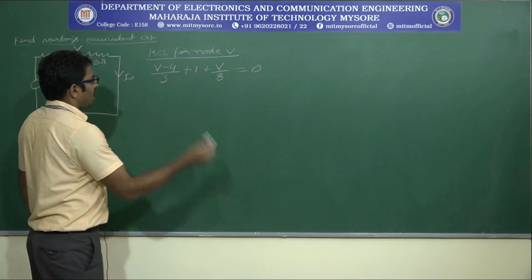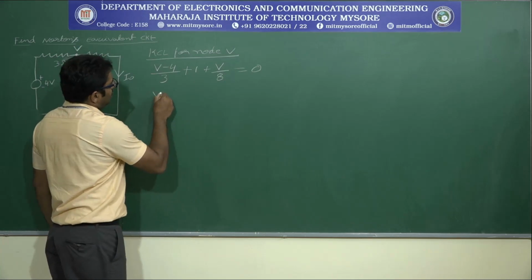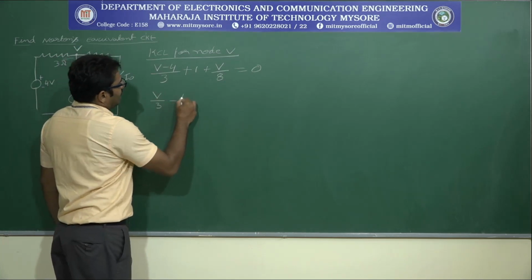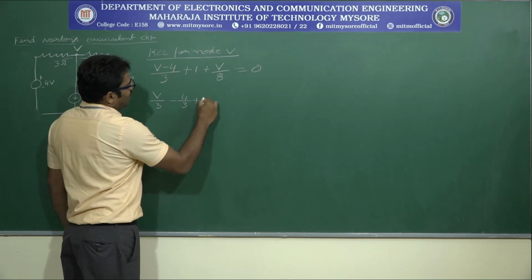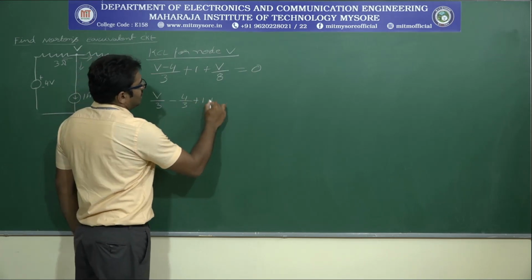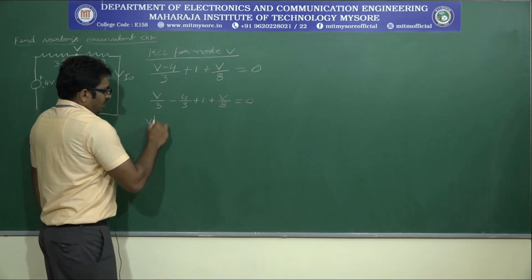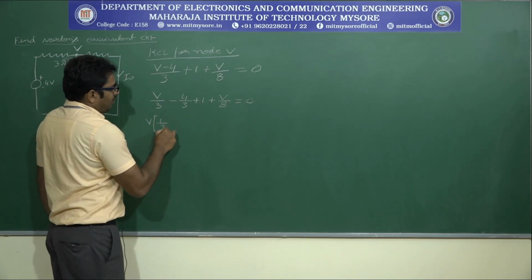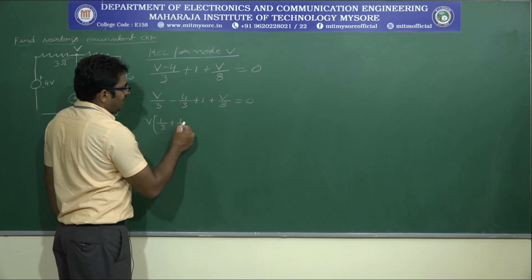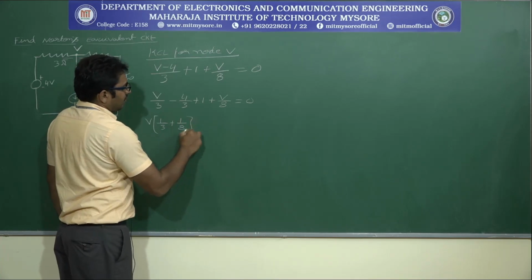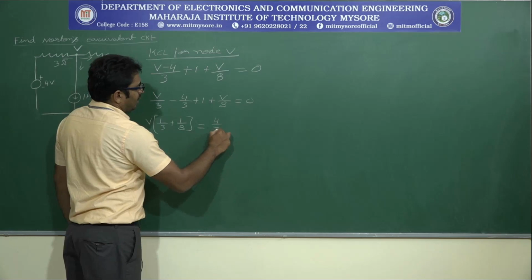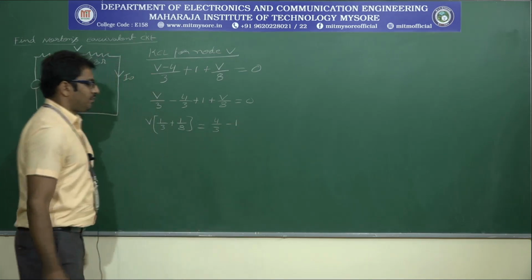Just simplify this equation. V divided by 3 minus 4 by 3 plus 1 plus V by 8, that is equal to 0. Take V as a common factor, 1 by 3 plus 1 by 8. Next, 4 by 3 minus 1.